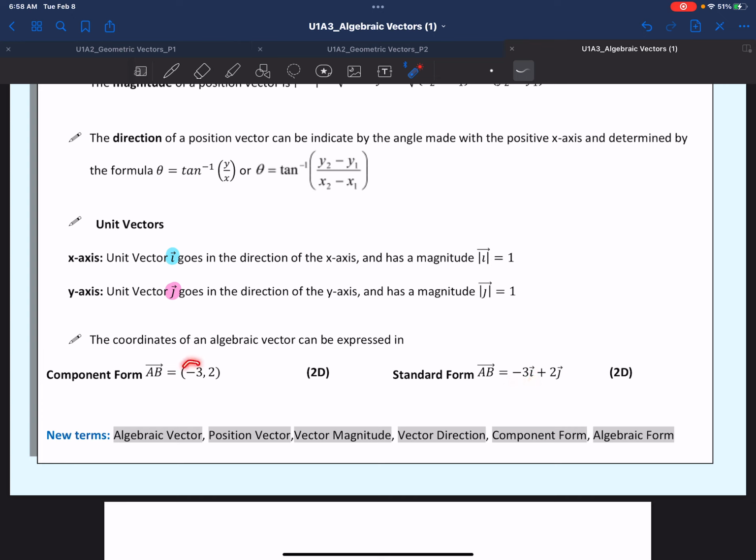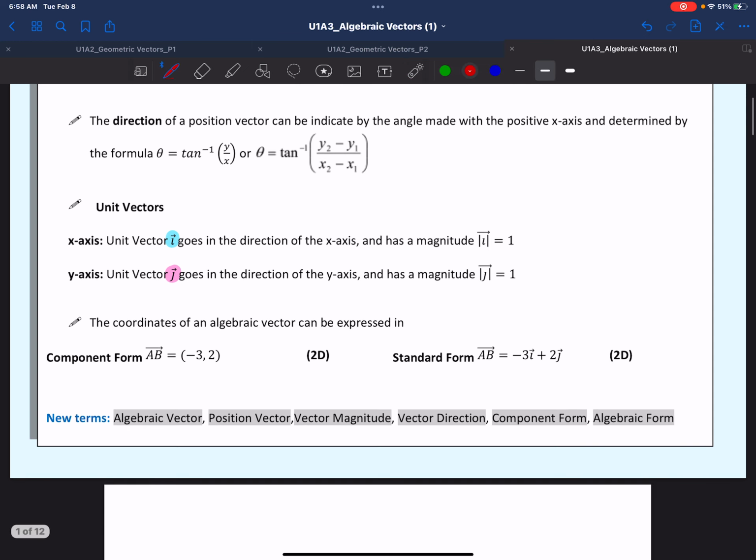So remember that any vector can be described as the sum of two other vectors. One will be the horizontal and one will be the vertical component.